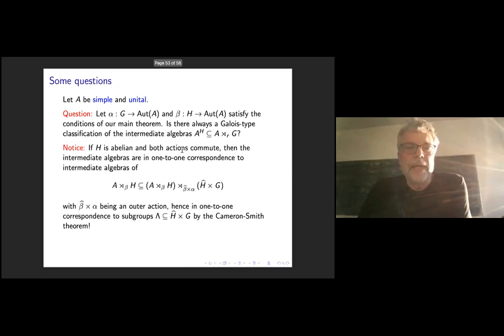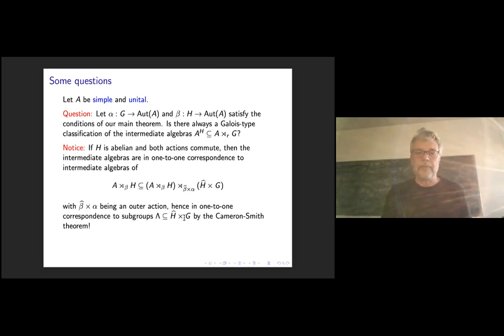As I said, we can do this in the case when H is abelian, and if the actions commute, then the inclusion of the fixed point algebra into the cross product is actually equivalent to the inclusion of the cross product by H into the cross product by H hat cross G. And then it follows from the Cameron-Smith theorem that the intermediate algebras are given by the subgroups of H hat cross G. And the case of Z2 and Z3, we could handle exactly with this result.